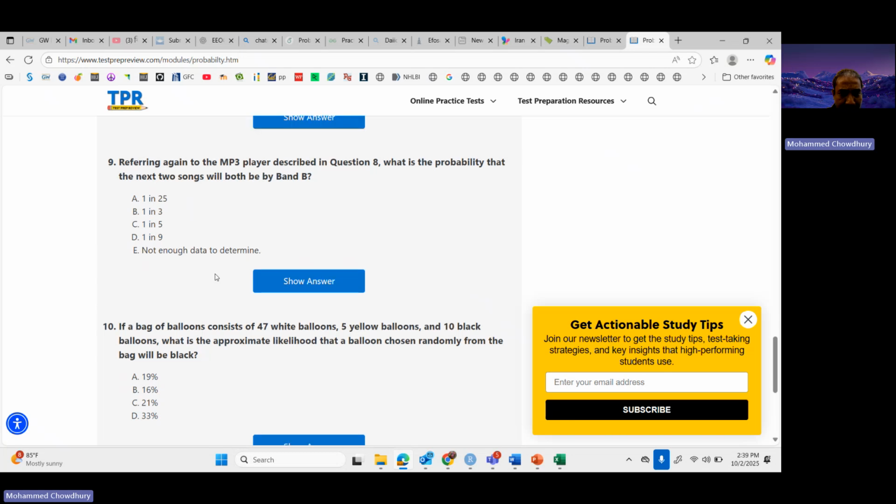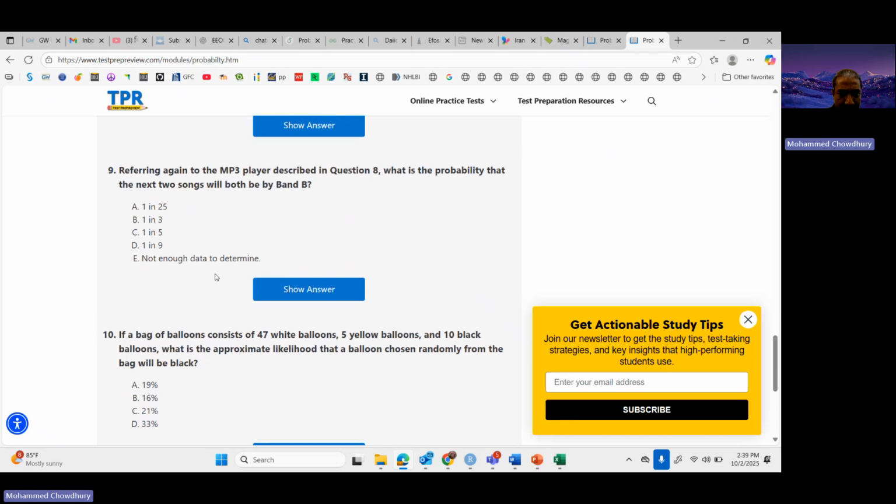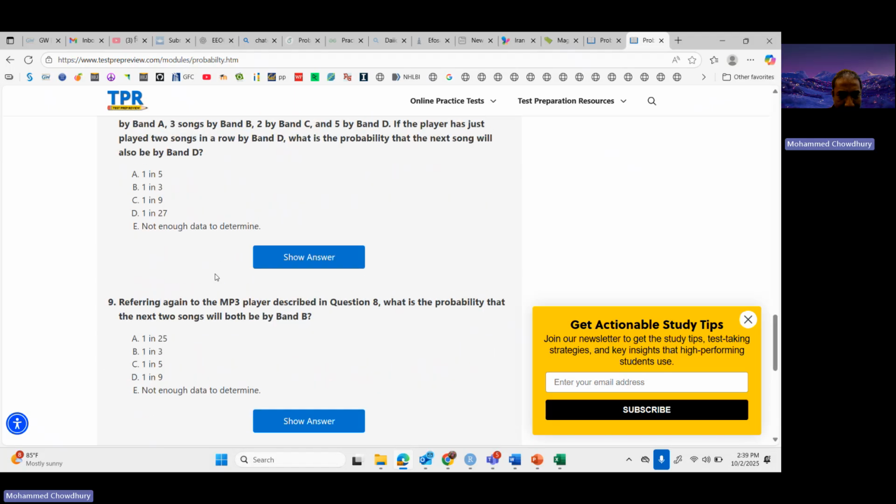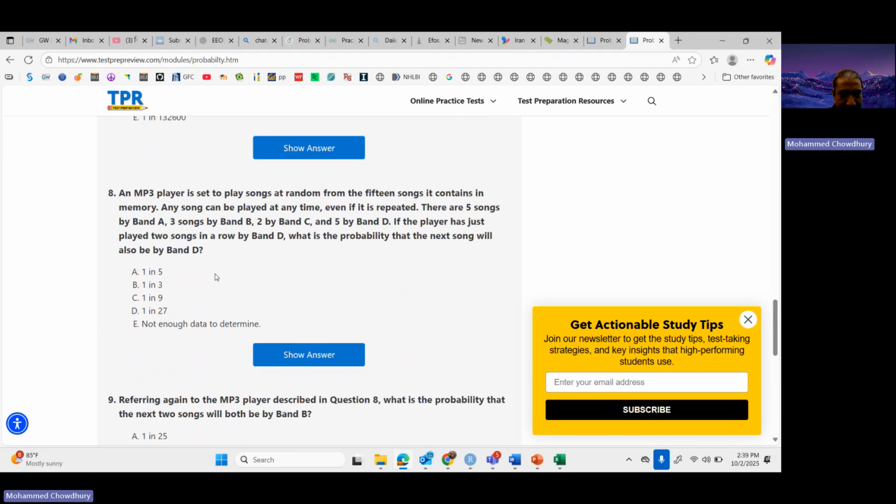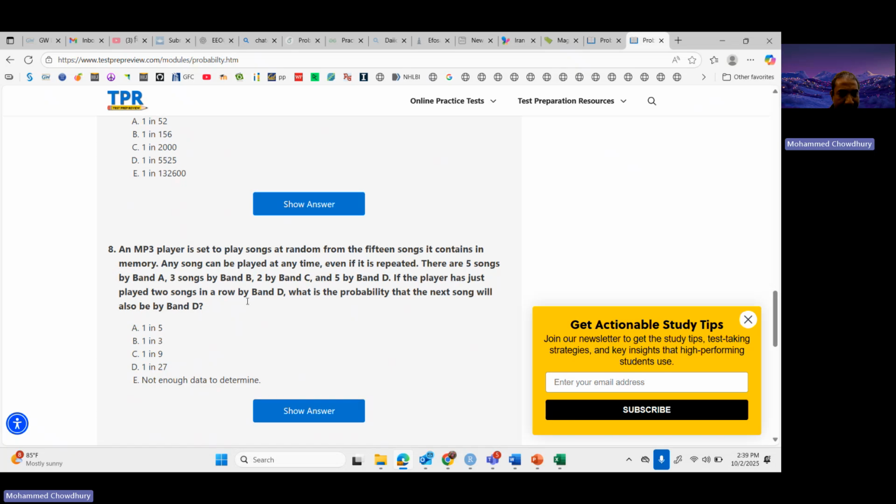Referring again to the MP3 player described in question 8, what is the probability that the next two songs will both be by band B? Let us read question number 8 first. An MP3 player is said to play songs at random from the 15 songs it contains in memory.